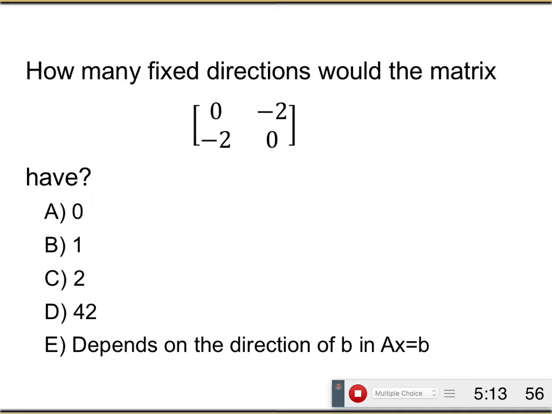Okay, got 56 in, last call. Okay, slide. We lost somebody. There we go.